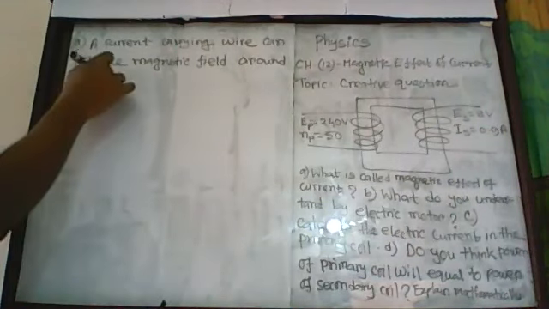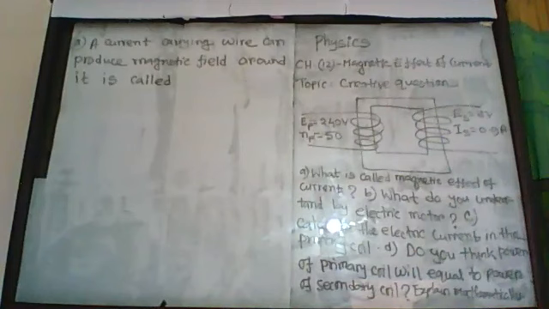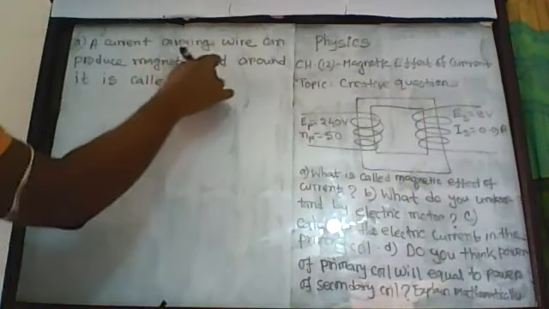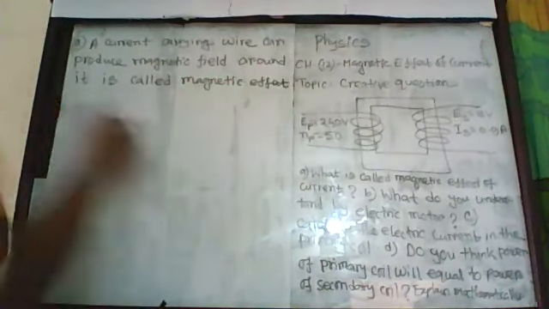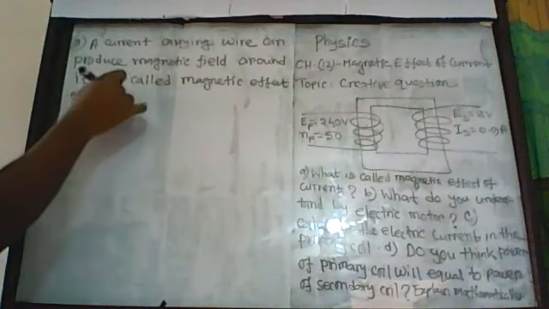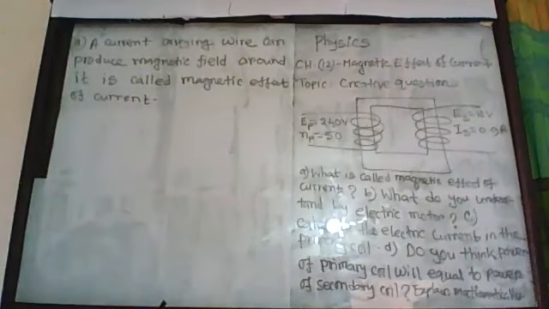This is called magnetic effect of current. So, if I am asked what is called magnetic effect of current, I can say a current carrying wire can produce magnetic field around it. This property is called magnetic effect of current.